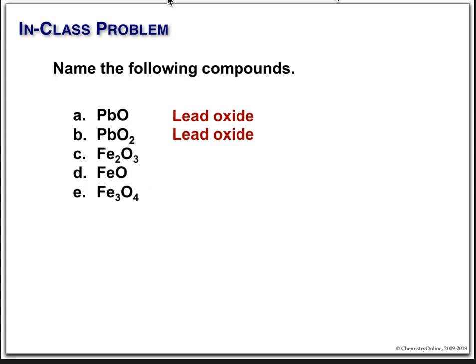Fe is iron. This is oxide. That's iron oxide. And so is that. And so is that. Well, clearly we have a problem here, don't we? This is what I was saying about transition metals.